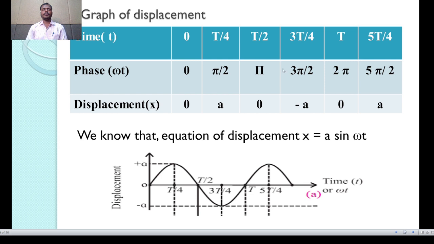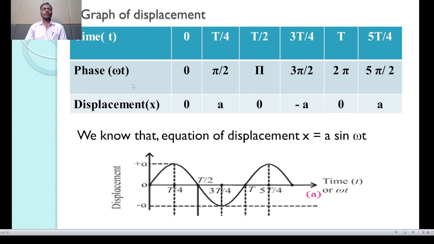Now putting small t as 3T/4 and omega as 2 pi/T, we get 3 pi/2. Similarly, putting small t as T, 2 pi divided by capital T gets cancelled, and the phase becomes 2 pi.